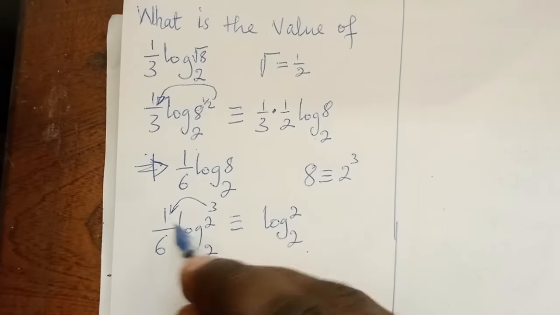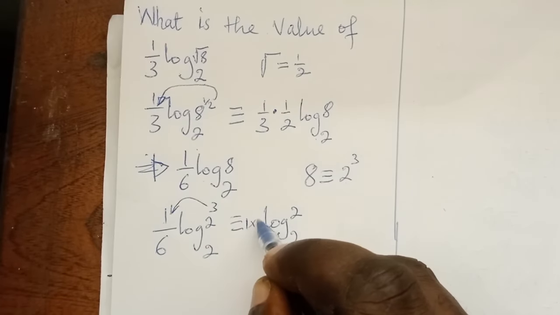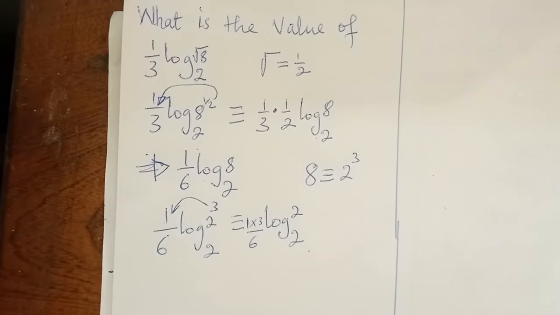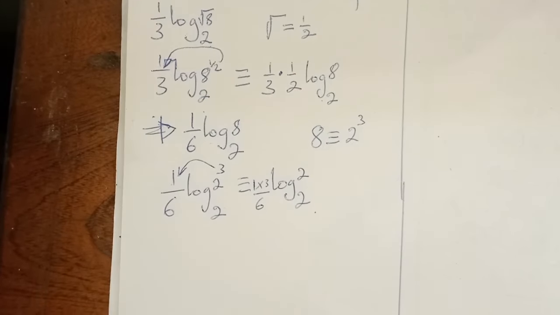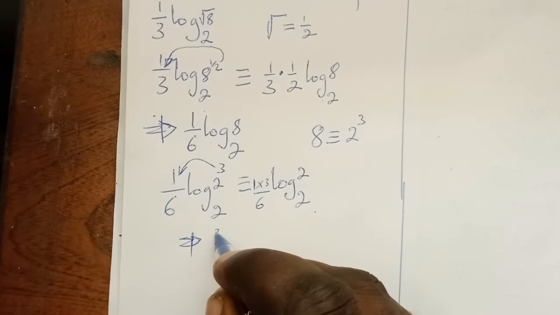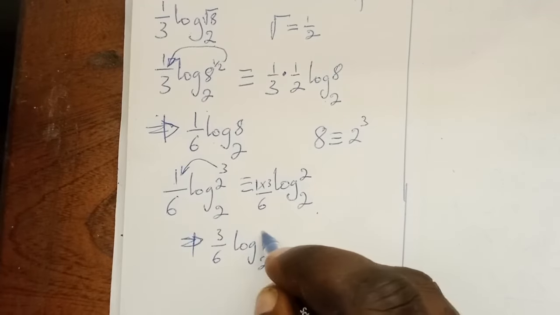Then this 1 that we have here times the 3 that will come. So 1 times 3/6. This is what we are going to have, which means it's going to be 3/6 log 2 of 2. If we rewrite, we have 3/6 log of 2, 2.